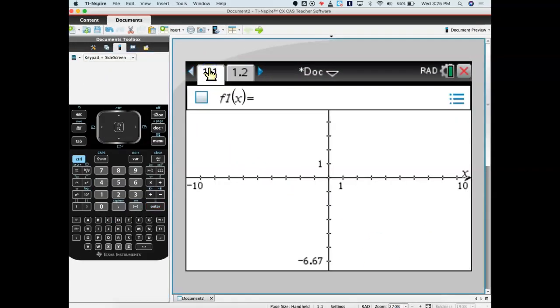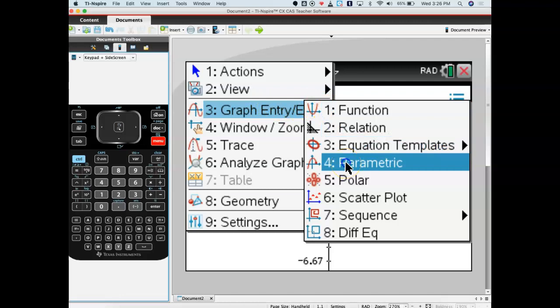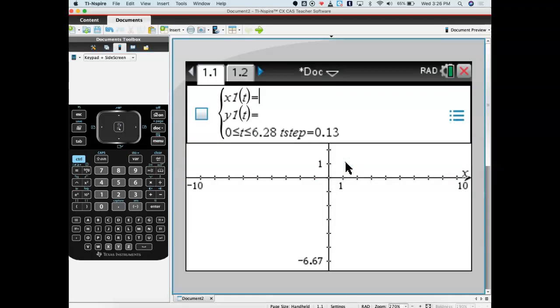So I'm going to come back here to my graph. Now, this is function mode that I'm in, so in order to graph as a parametric, I have to change my graph entry and come here to number 4, a parametric. This window should come up, and notice it's already set up for trig functions because my t variable is going from 0 to 6.28.